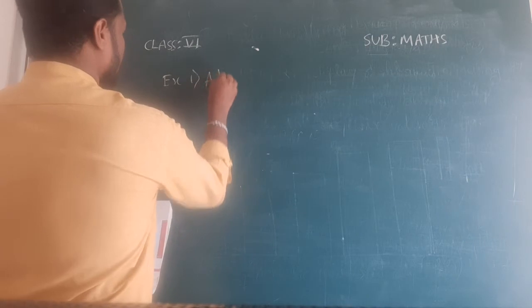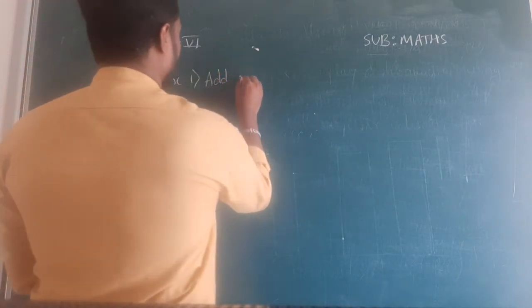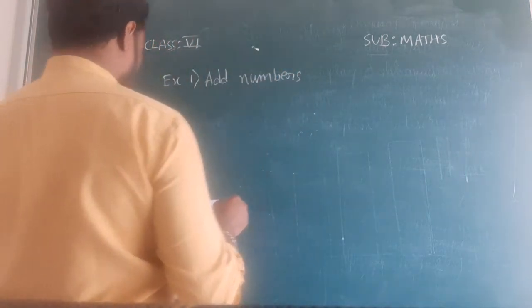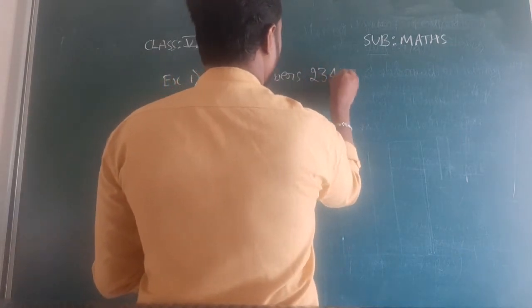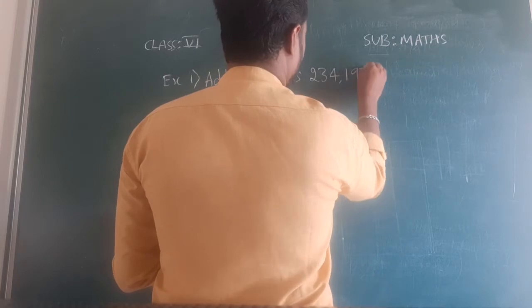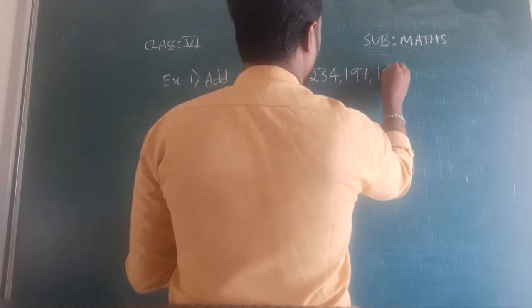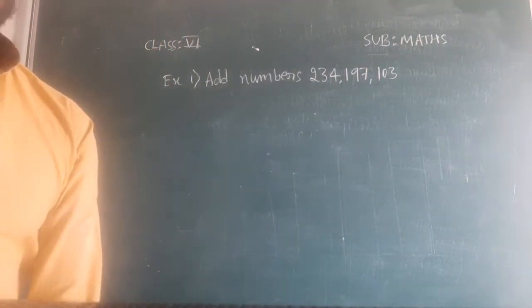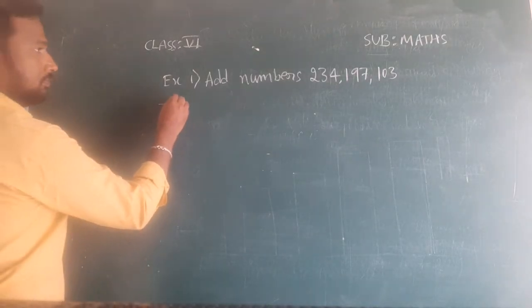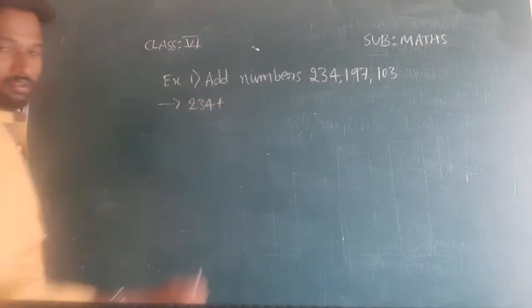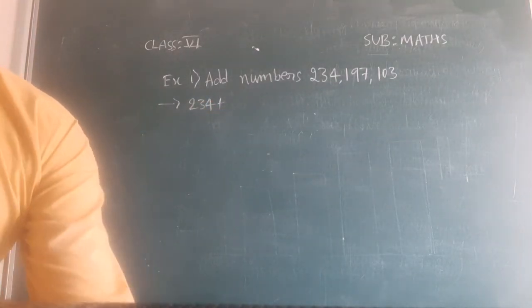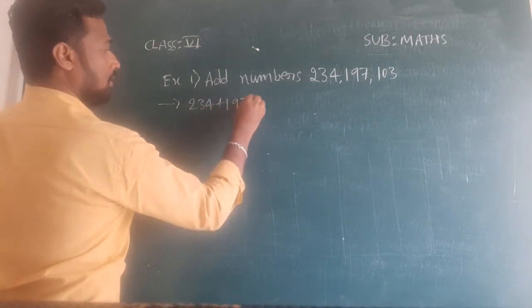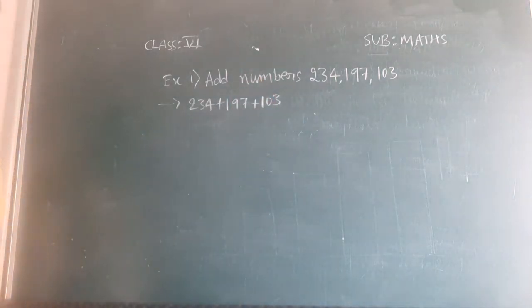So add the numbers 234, 197, 103. We have to add these numbers. 234 plus 197 plus 103.